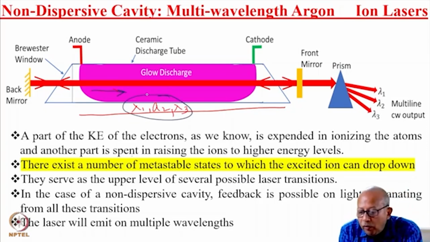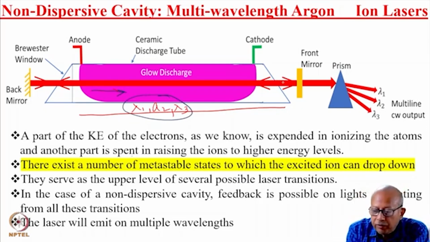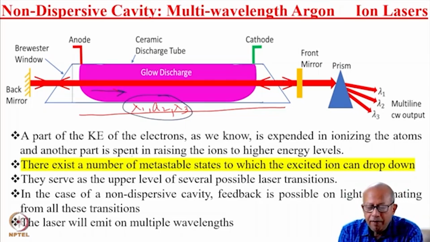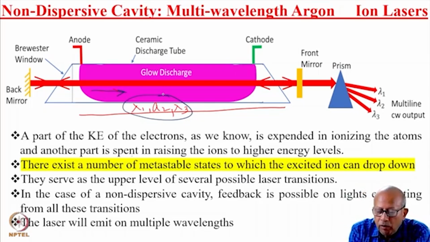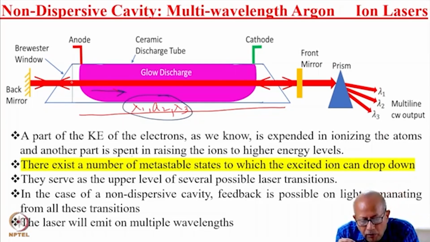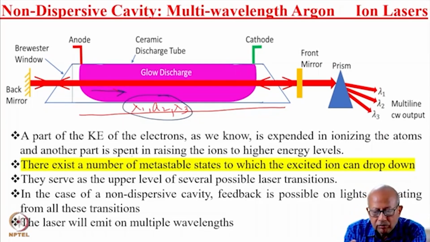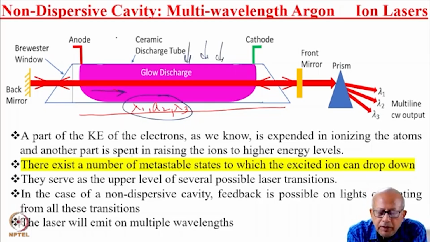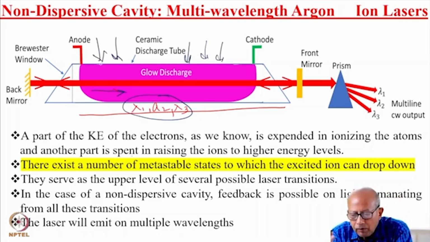And as there is no wavelength selective discriminating element inside the cavity, all these 3 wavelengths will simultaneously grow and extract energy from the gain medium, which is continuously being pumped towards maintaining population inversion to allow the laser to lase in a continuous manner.